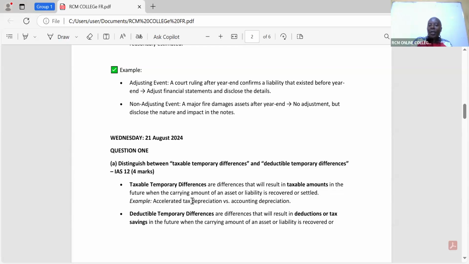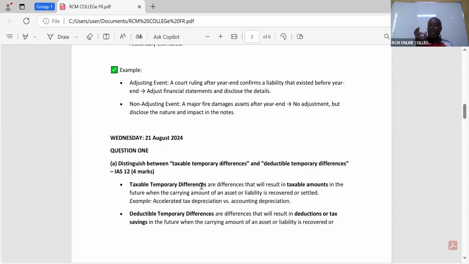Example, accelerated tax depreciation versus accounting depreciation. I'll be able to explain this very well. But ladies and gentlemen, remember at the end of the day, if this temporary difference is taxable, it always results in a gain, and you have to pay tax in the future. For taxable temporary differences, you have your tax base and your carrying amount.